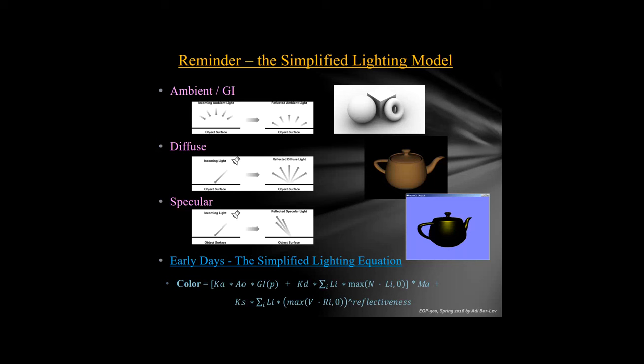As you can see, in the early days, we did these equations where we took all of the light sources and summed them up as a simple dot product. Dot product is the cosine, and the cosine is there because we actually want to normalize the lighting. Lighting at 90 degrees, you get 100%.